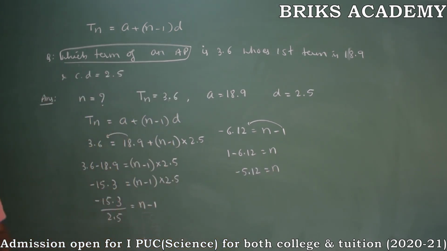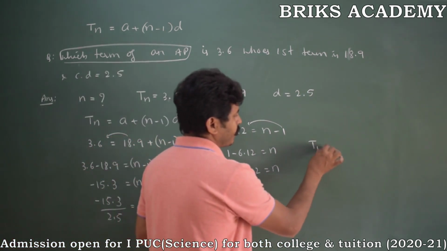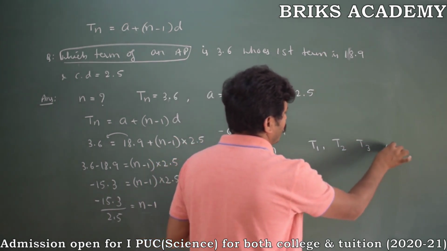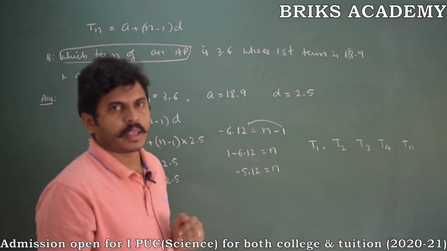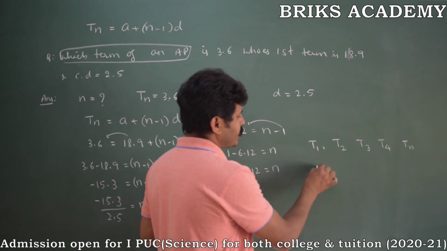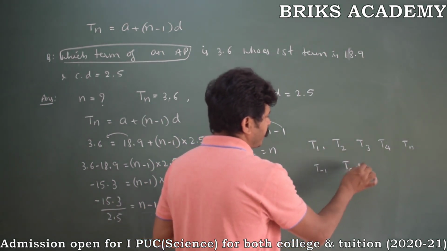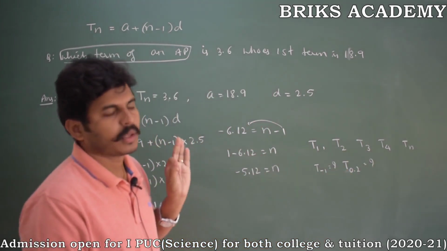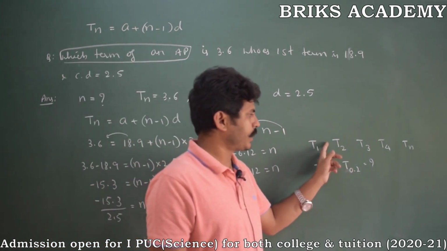What is n? n is the number of the term, that is first term, second term, third term, fourth term, nth term, we say. Have you ever heard of minus 1th term or minus 0.2th term? No. That means the number of terms starts from first term, second term, third term.